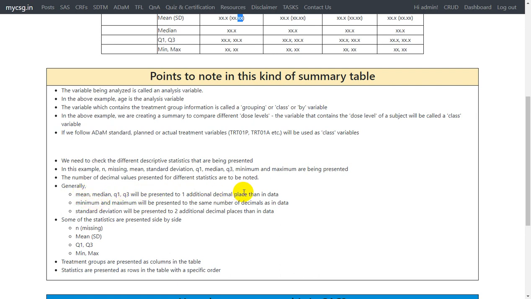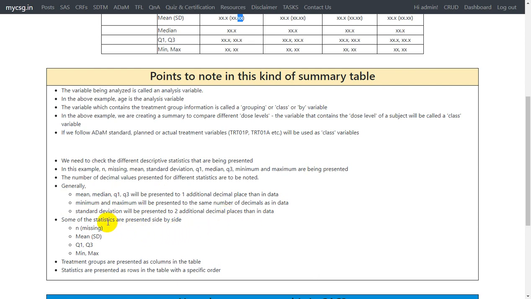And if we have one decimal in data for the age variable, we need to present mean, median, Q1 and Q3 to two decimals because we are supposed to present one additional decimal than in data. So this is a general rule. This can vary from one study to other as well. Minimum and maximum values will be presented to the same number of decimals as in data, and standard deviation will be presented to two additional decimal places than in data.